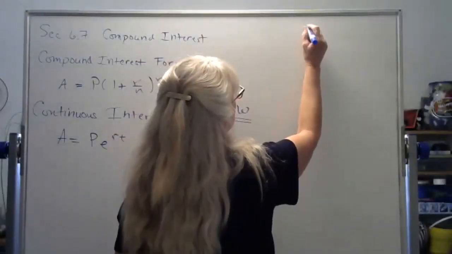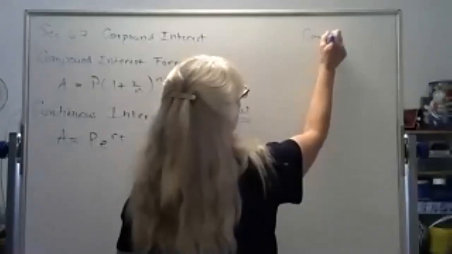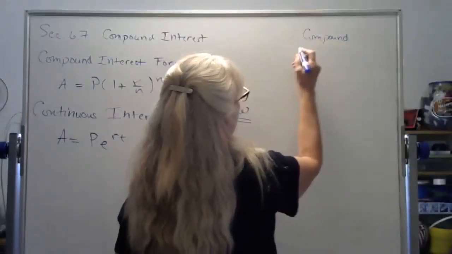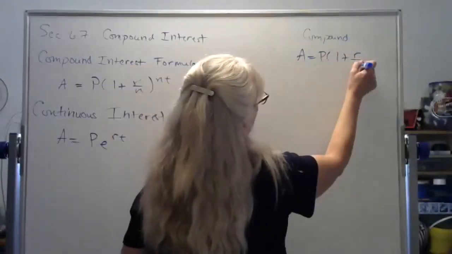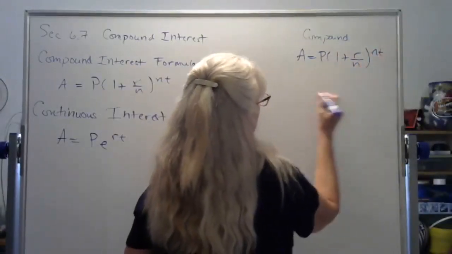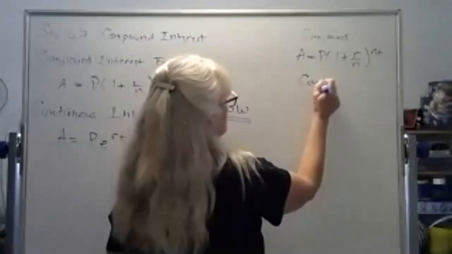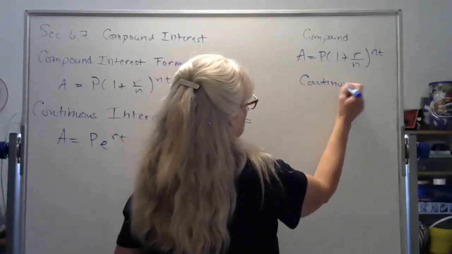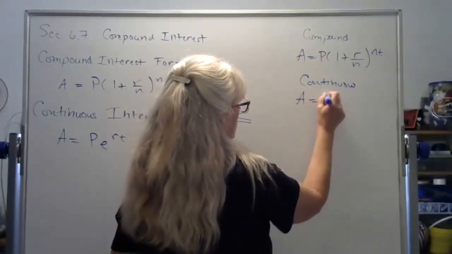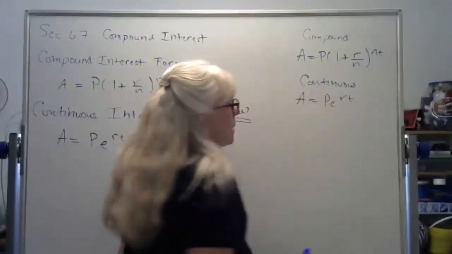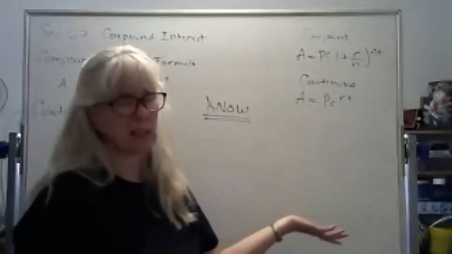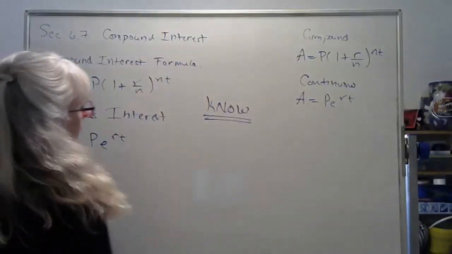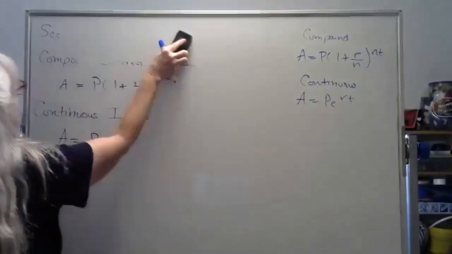So compound: A equals P times (1 plus r over n) to the nt, and then continuous, the easier one because it spells a word, PERT. And we'll come back and use this PERT formula again tomorrow. We're just going to change the alphabet soup, but it's still basically the same formula. Okay, so those are our formulas. Let's start using them.